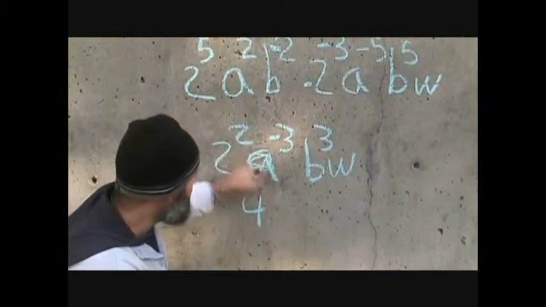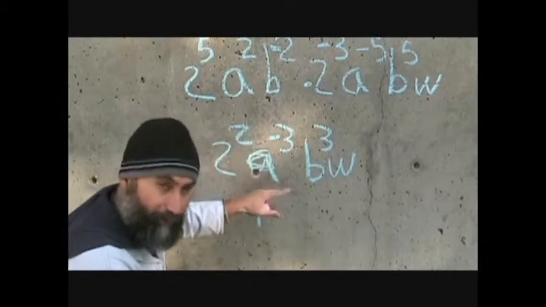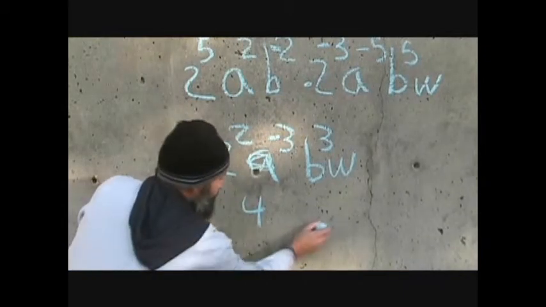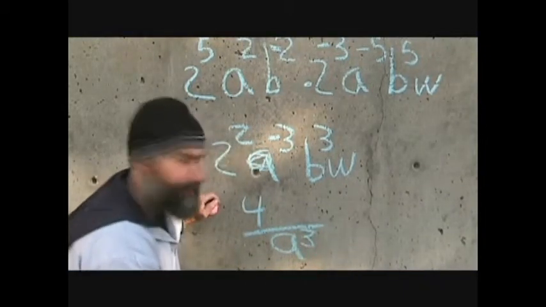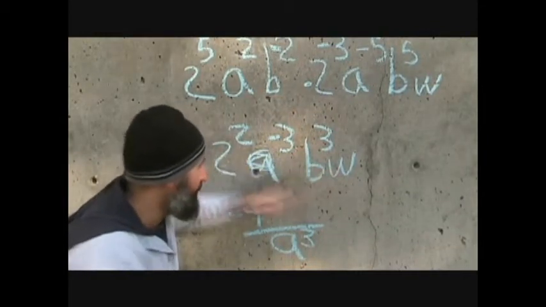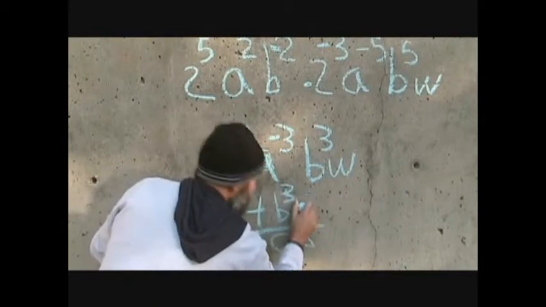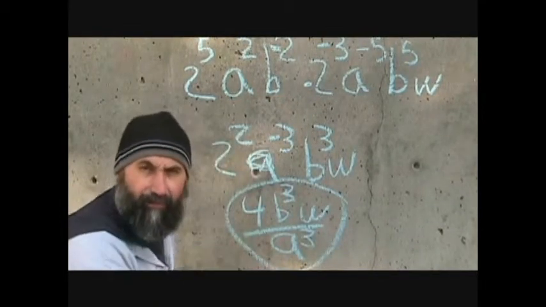Now if it was negative 3 applied to this whole thing, the whole thing would have flipped. But the negative 3 right now only applies to the a. So this becomes 4 divided by a to the power of 3. You've got b cubed and w up top. Okay, and that's your final answer.